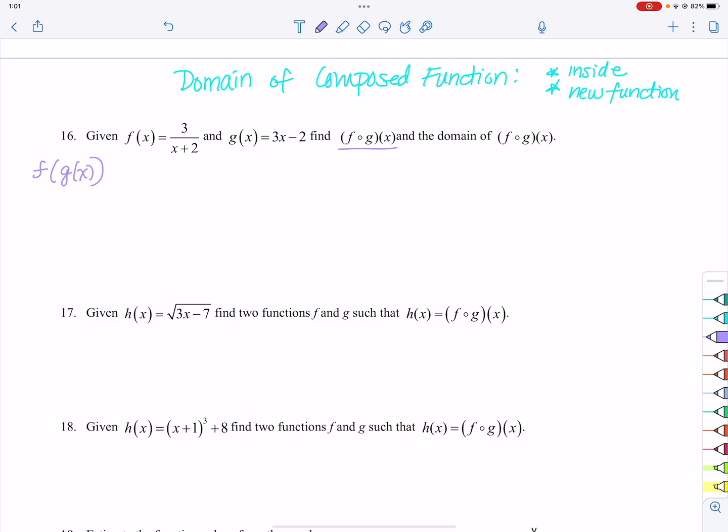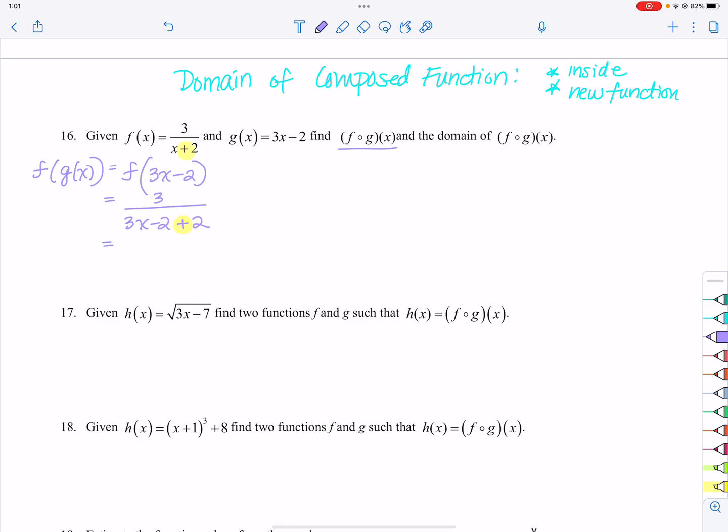That is this composite function, and that is f of 3x minus 2, and that is equal to 3 over 3x minus 2 plus 2. Don't forget about that plus.